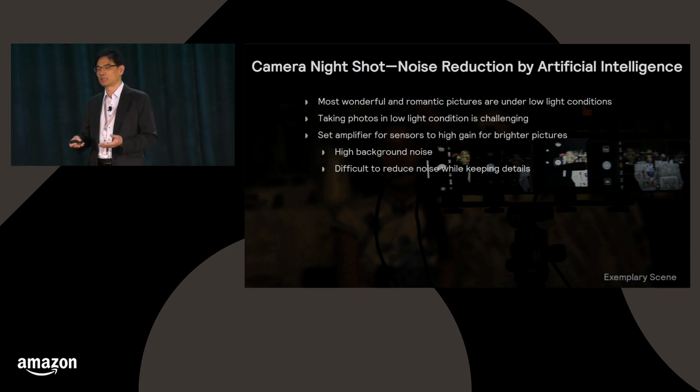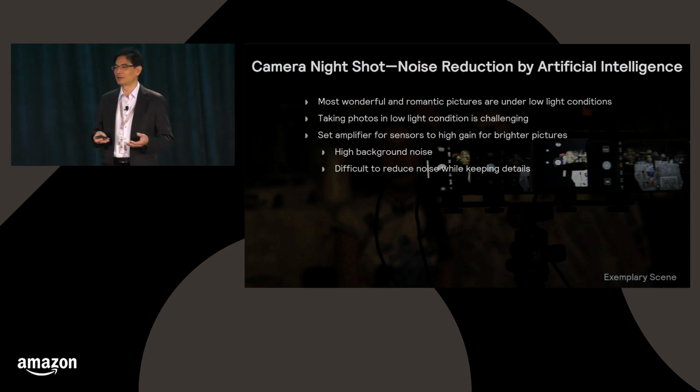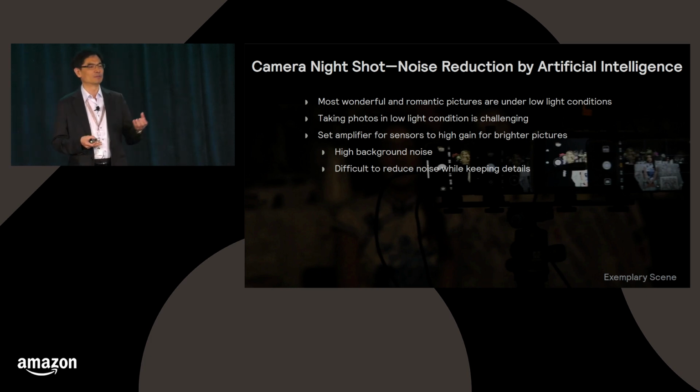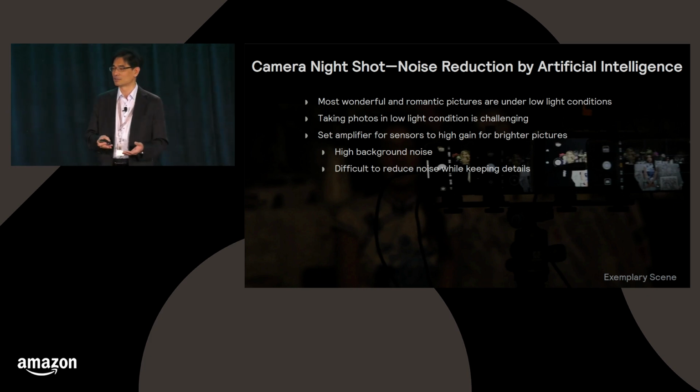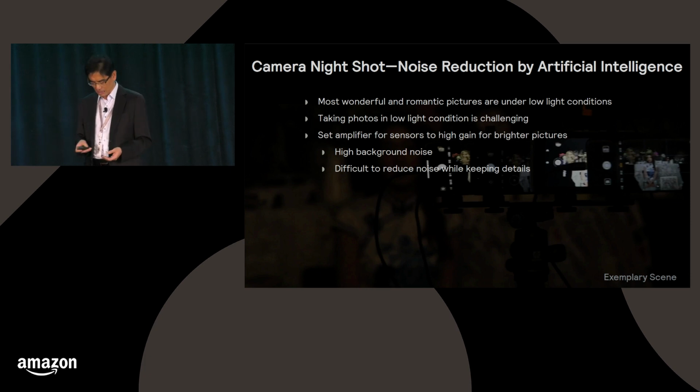So the picture you generally get is very noisy and very disappointing. However, in theory, it is very difficult to remove noise while keeping the detail, because you apply a filter to filter out the noise, then the detail is also gone. Okay, so next I will present how we apply AI to do the noise reduction.